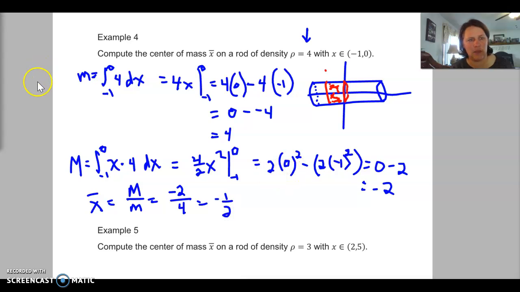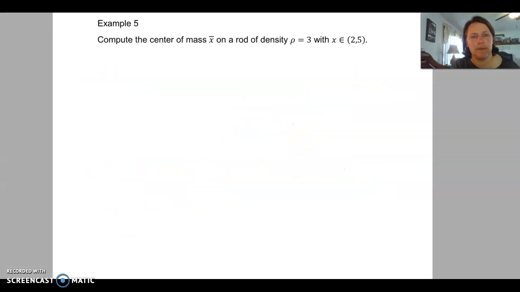So that tells me that the center of mass on this bar is going to be right at where x equals -1/2, which we could have guessed. We did not need calculus for this one, but it's a really good one to show you how we can use calculus to identify where the center of mass is.